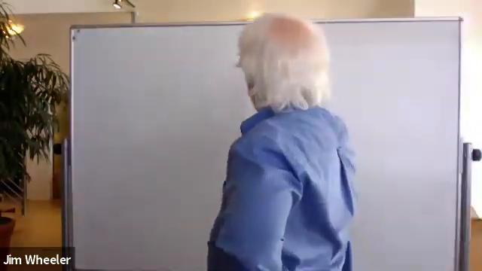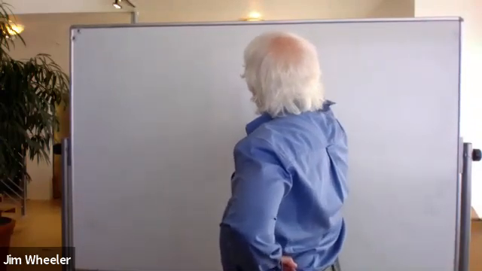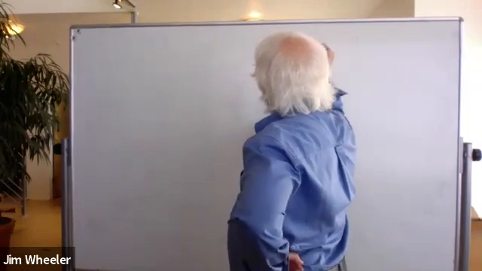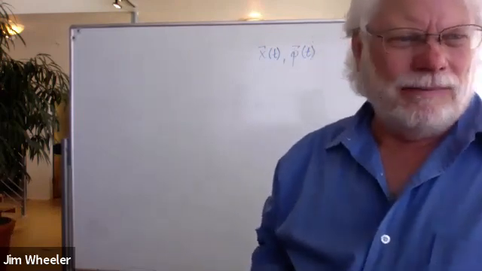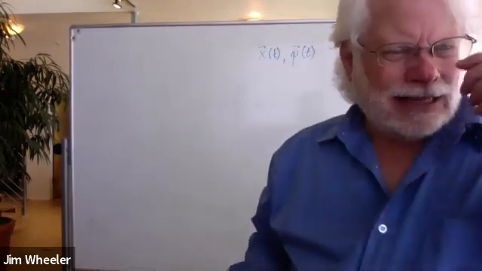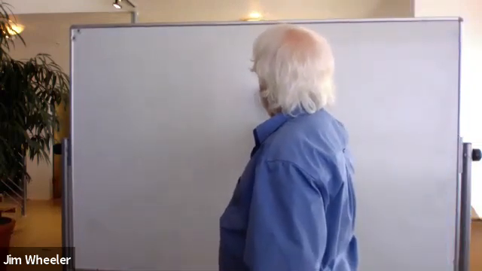So our dynamical variables in classical mechanics, quantizing a particle, are, say, the position and the momentum as functions of time. So the way to think about what we're doing, these become operators.